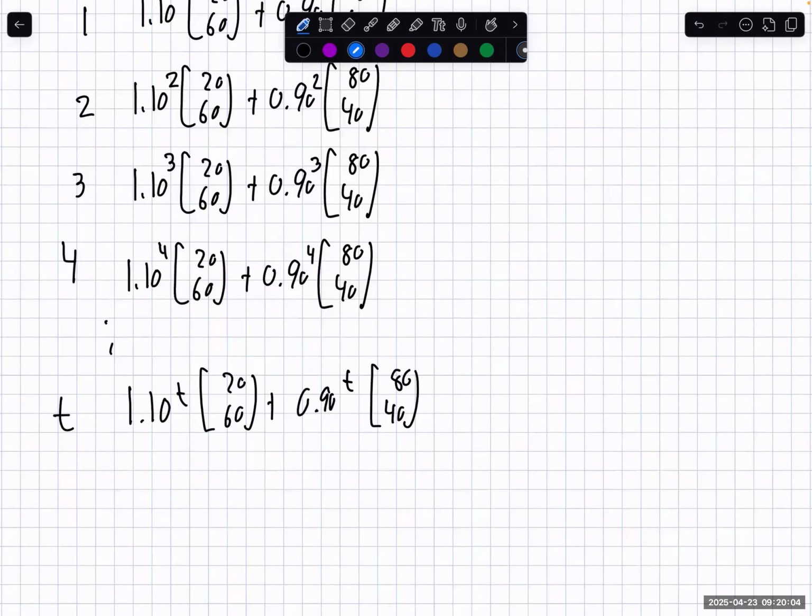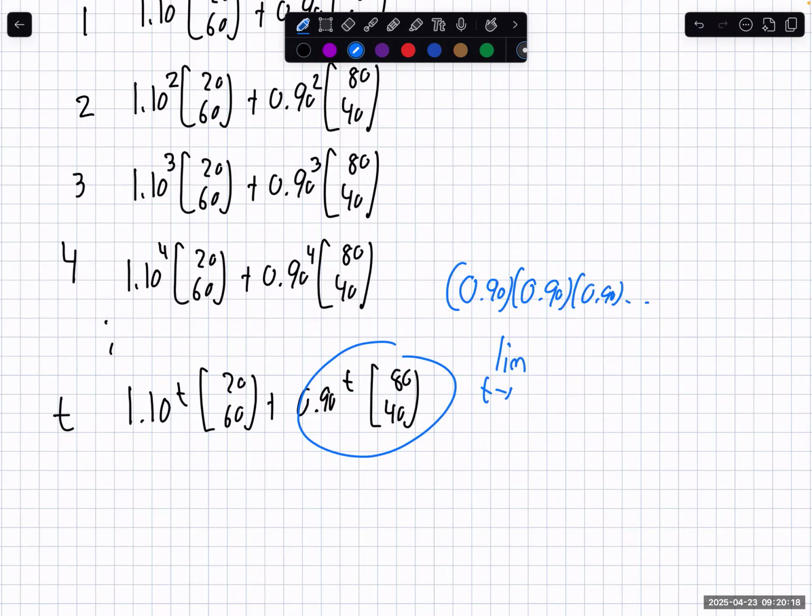okay, I want to say a little bit about what's happening here. So if I take 90% of 90% of 90%, if I take the limit as t goes to infinity of 0.9 to the t, what's that number?